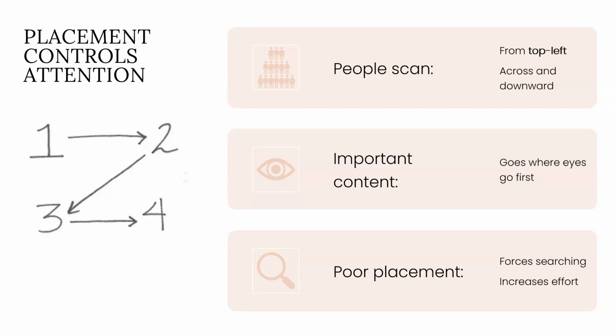Design should work with natural scanning patterns and not against them. Layouts that contradict intuitive reading flow create discomfort and confusion. Spatial logic must feel natural to the viewer's perceptual habits.